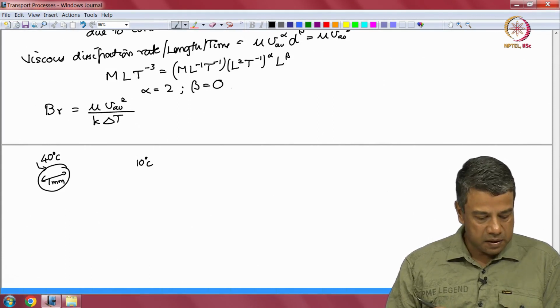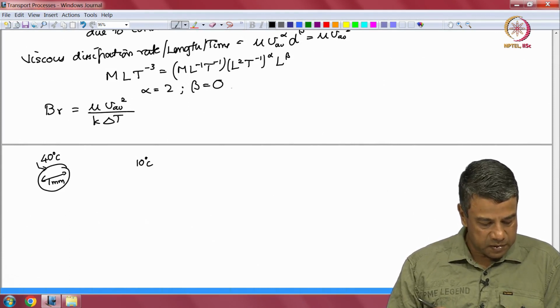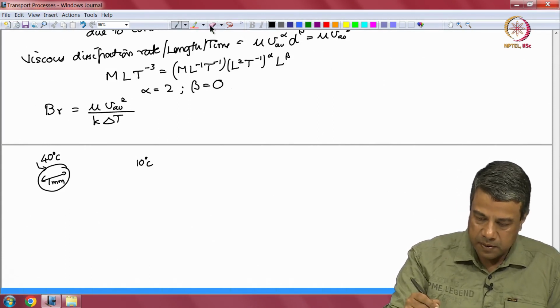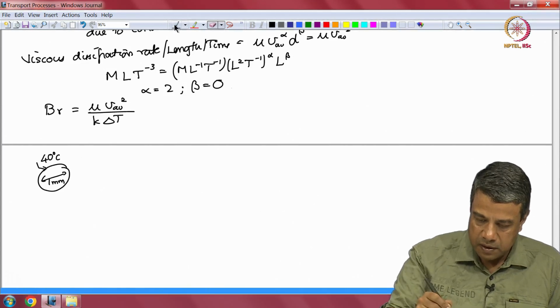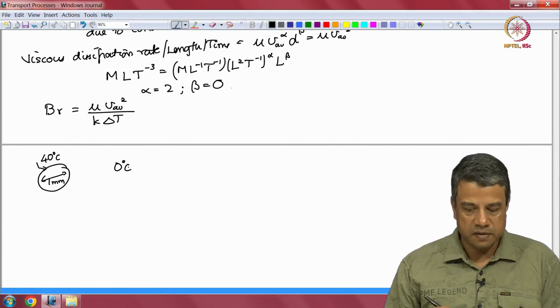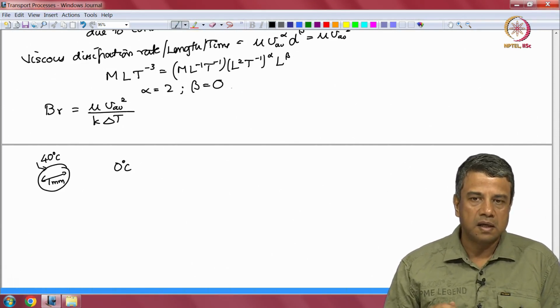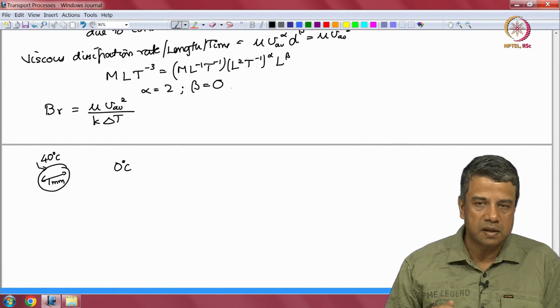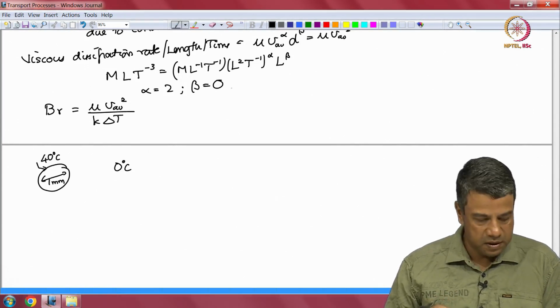So, I put in a particle at a temperature of 40 degrees centigrade into a fluid which is at a temperature of 0 degrees centigrade, and then examine the temperature of the particle as a function of time. Okay.